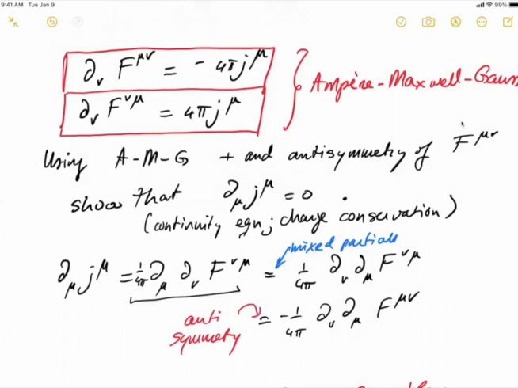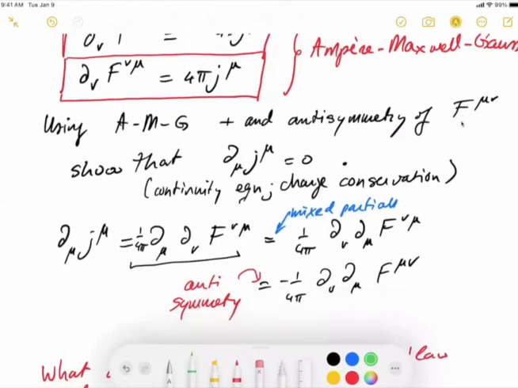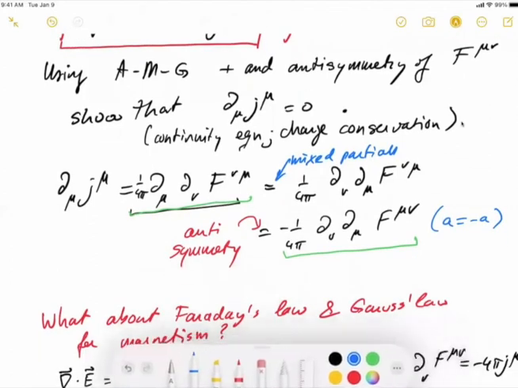And now you see that this expression is the same as this expression, except that we have renamed our indices, right? So if you look, there's a nu here and a mu, where on the other side there's a nu and a mu. So because this is like, you know, a is equal to minus a, therefore this is 0.